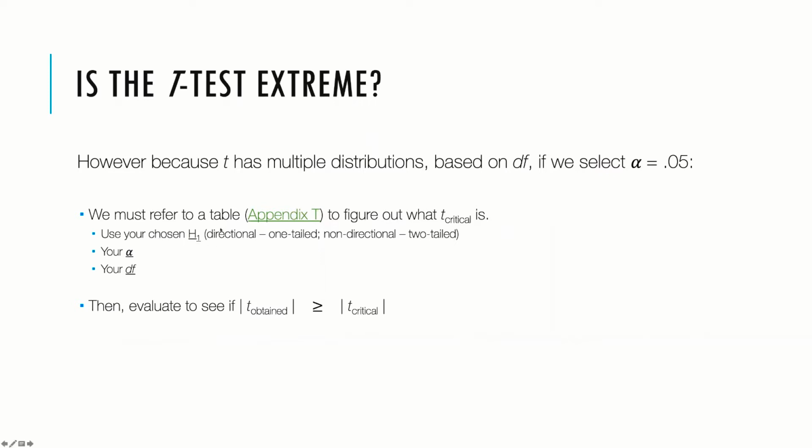If your alternative hypothesis is directional or non-directional, I said we're always going to be using non-directional, right? There's the possibility that you can switch the groups and get negative or positive values. You figure out what your alpha level is, your degrees of freedom, so number of cases minus 2, and then you evaluate to see if your t obtained is greater than or equal to your t critical that is found in this table. So I'm actually going to open that up.